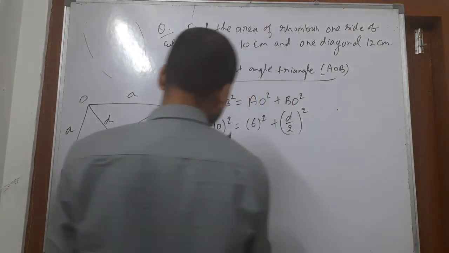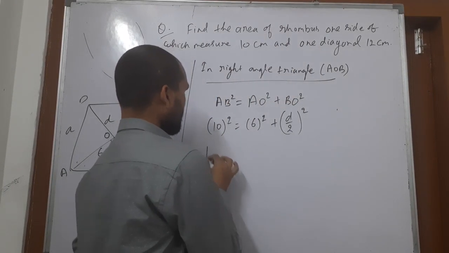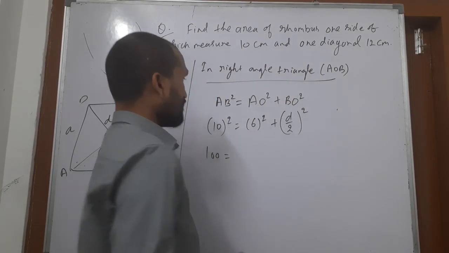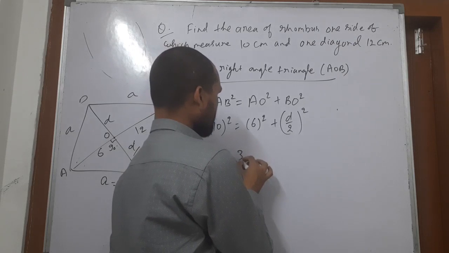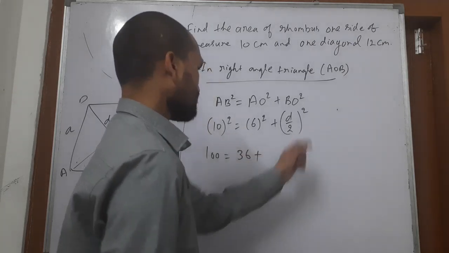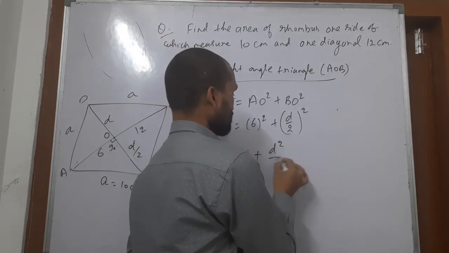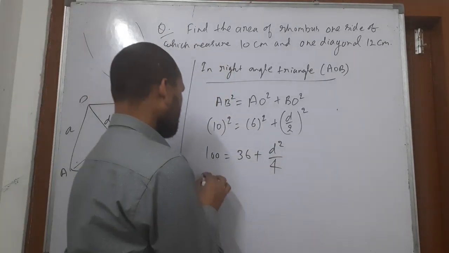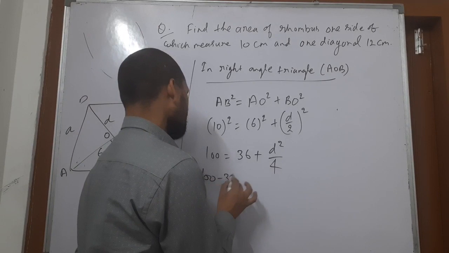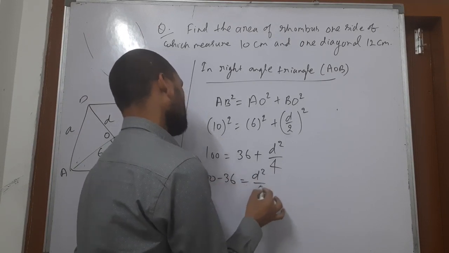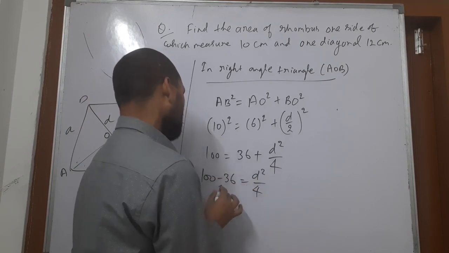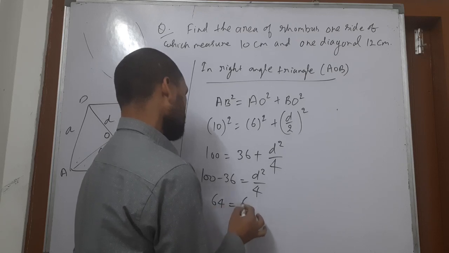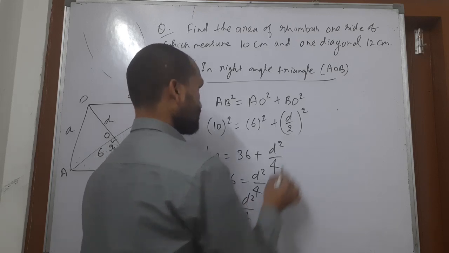What is 10 square? 10 square is 100, and 6 square is 36. d by 2 square is d square by 4. Now simplify this. 100 minus 36 is equal to d square by 4. This is 64, so 64 equals d square by 4.